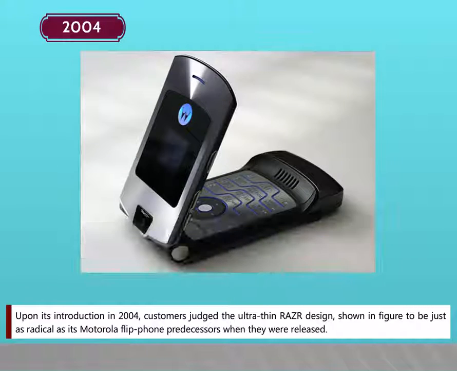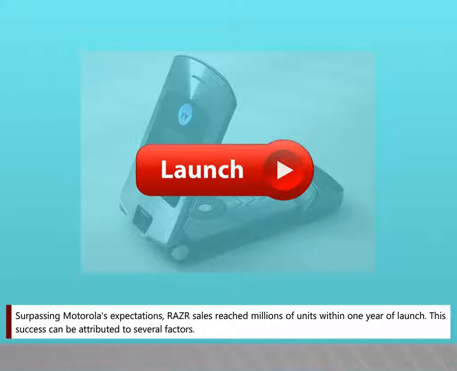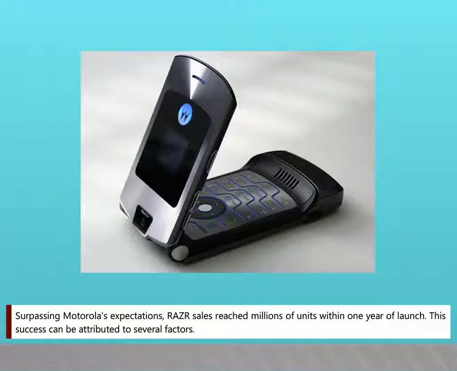Upon its introduction in 2004, customers judged the ultra-thin Razr design, shown in the figure, to be just as radical as its Motorola flip phone predecessors when they were released. Surpassing Motorola's expectations, Razr's sales reached millions of units within 1 year of launch.